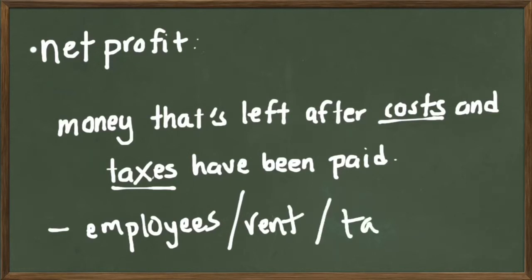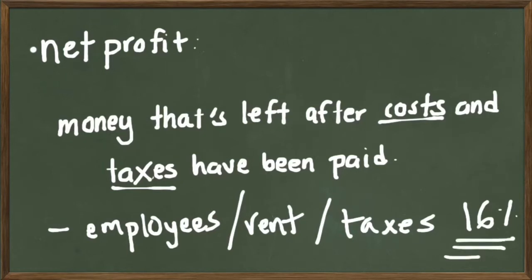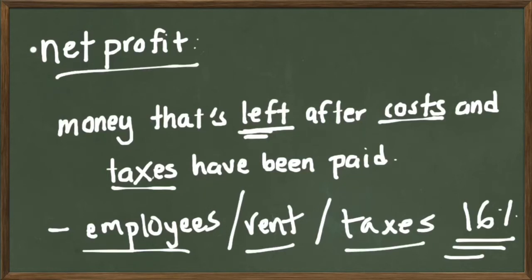And also you have to pay taxes to the government. Don't forget, for example, in Mexico, normally the tax for most products is 16%. So once you have all the money that you have left after you have paid employees, rent, taxes, etc., that is your net profit. That's the actual money that you are making with your business.